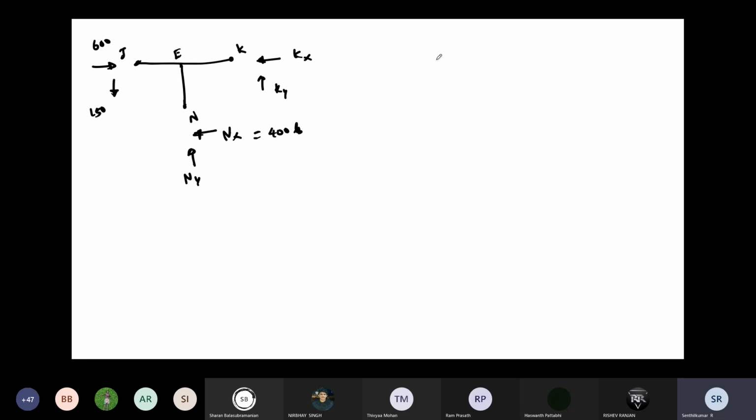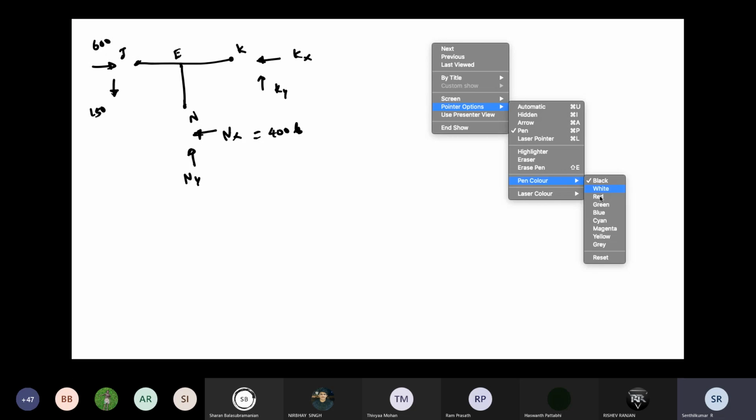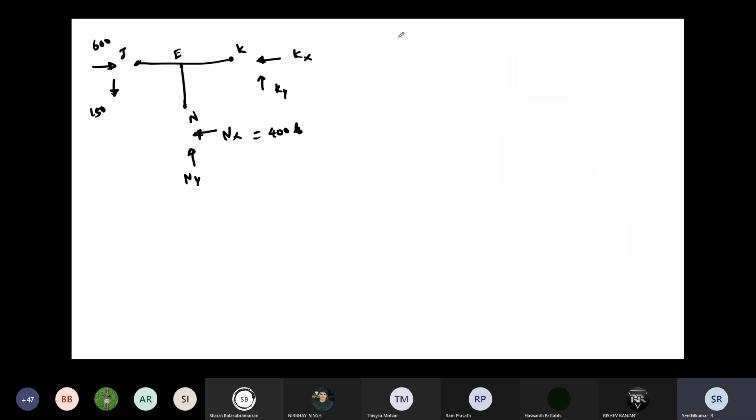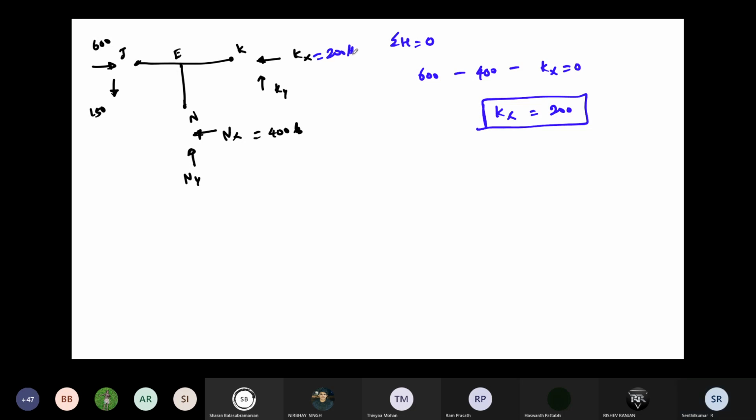How can we start? Again you can start with sigma H equal to 0. Summation of H equal to 0, 600 is positive, then minus 400 minus Kx equal to 0. So Kx will be equal to 200 LB.